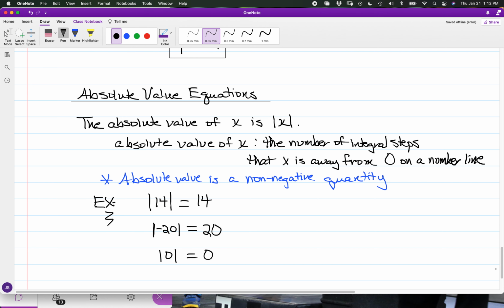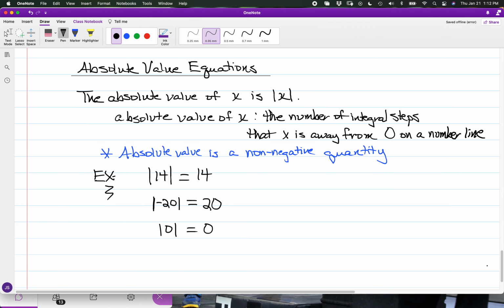Now, in the case of absolute value equations, say we have k, where k is a non-negative value.